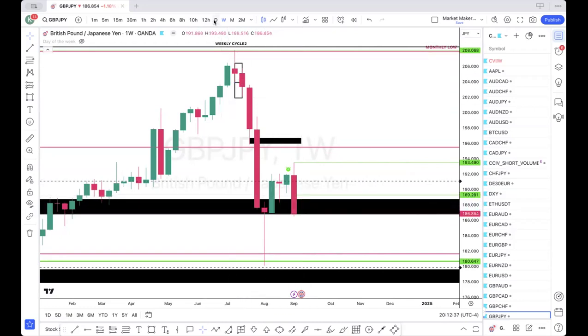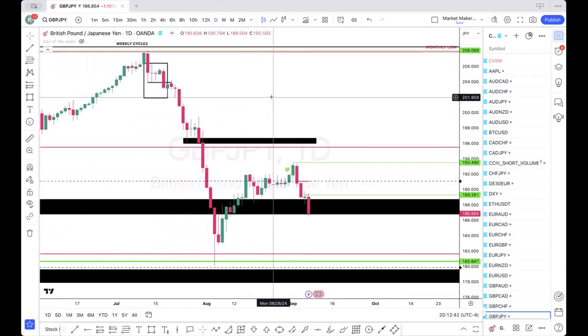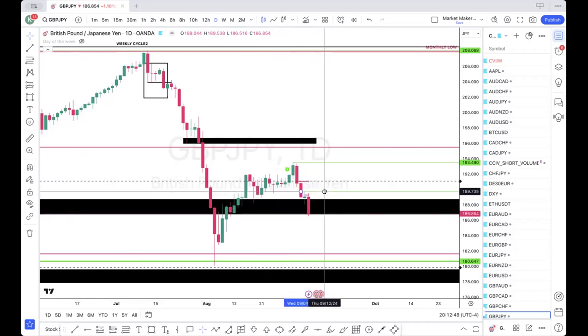Okay, so now if I go down to the daily, based on the daily, we have this push down, we have this pullback, and then we have this push down. So we have a base drop, base drop. Okay.